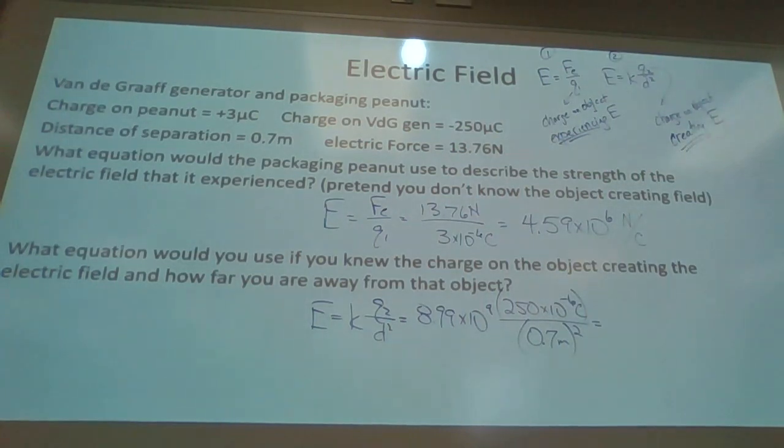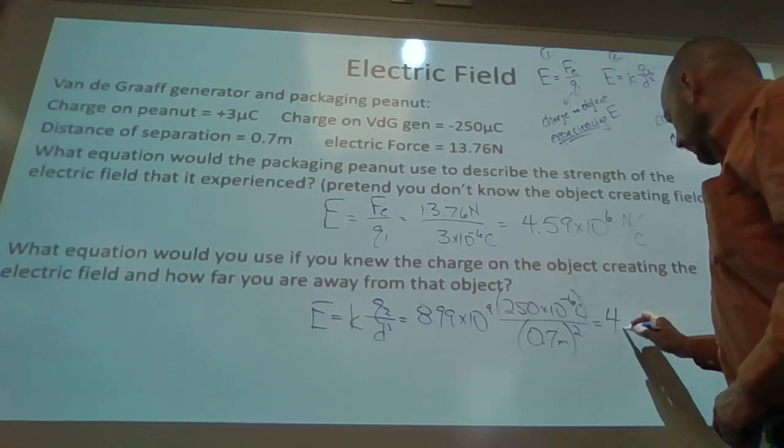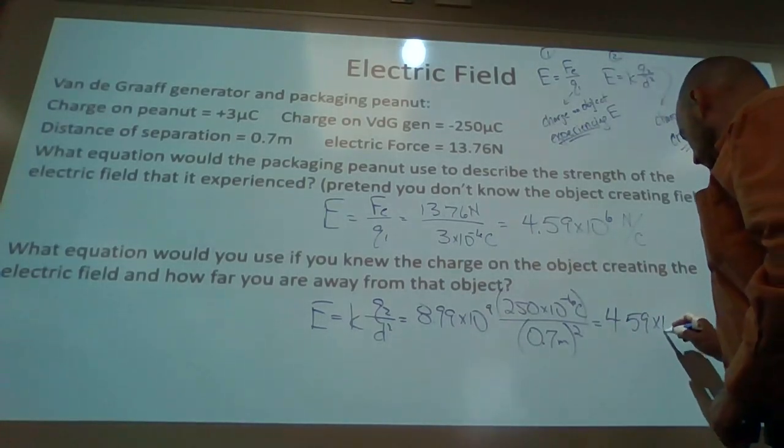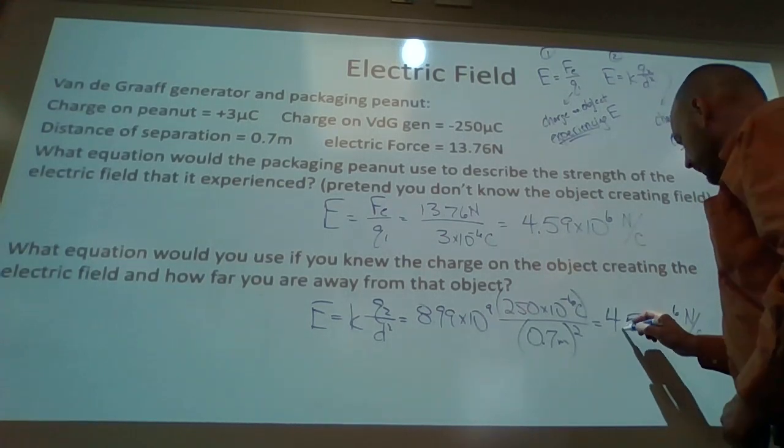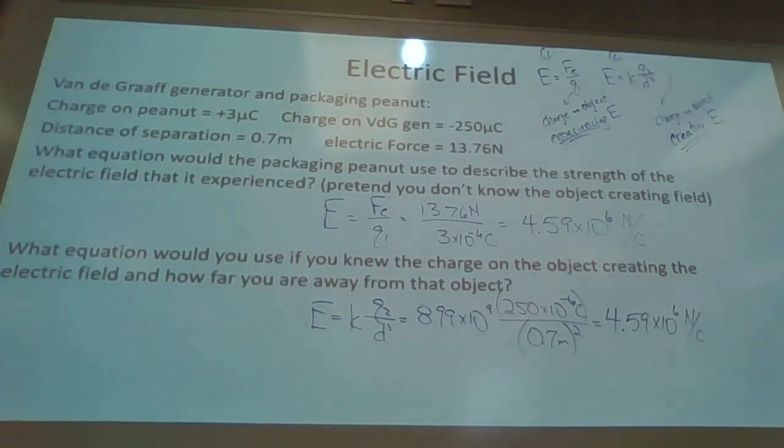I have a hypothesis of what that value is going to be. Anybody else have a hypothesis of what that value is going to be? Okay. It is 4.59 times 10 to the 6th.